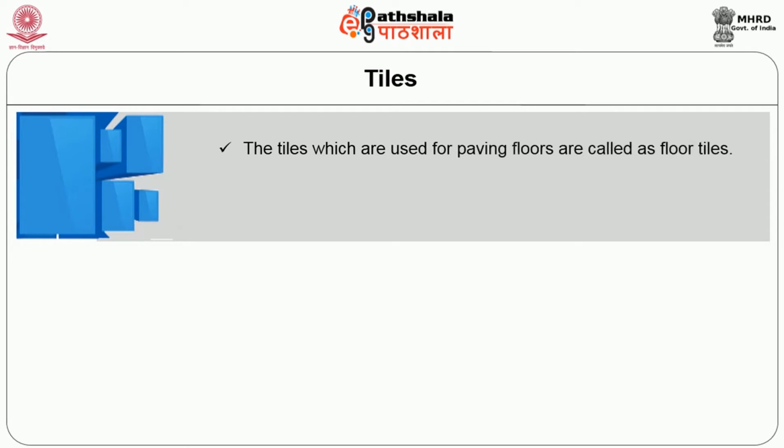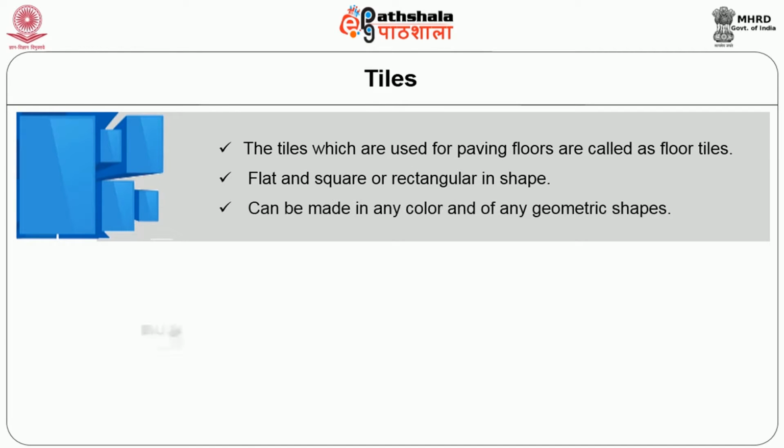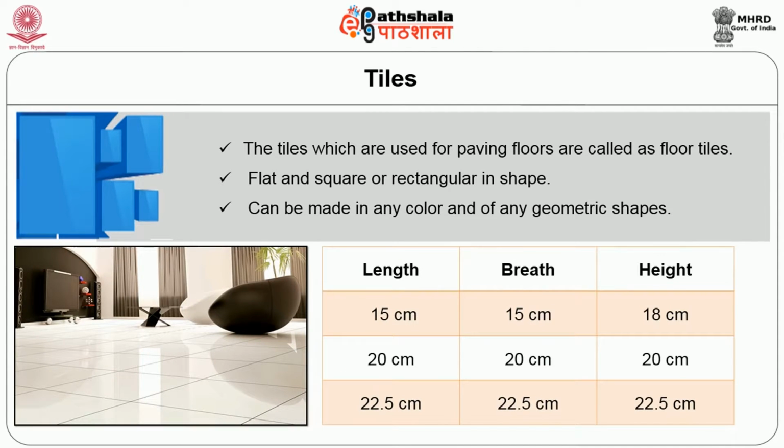Tiles are used for paving floors and are called floor tiles. These tiles are usually flat and square or rectangular in shape. They can be made in any color and any geometric shape.